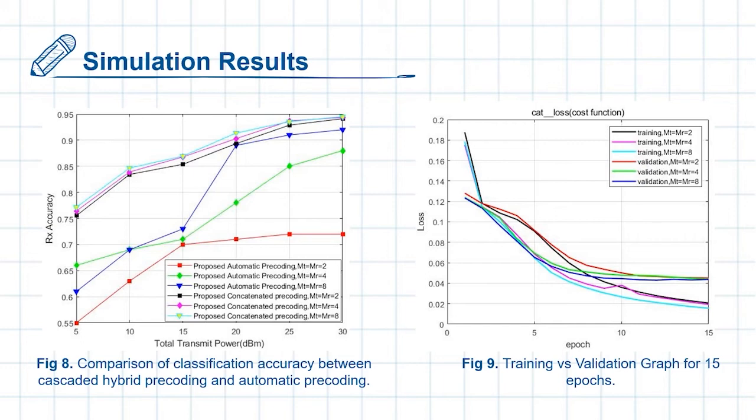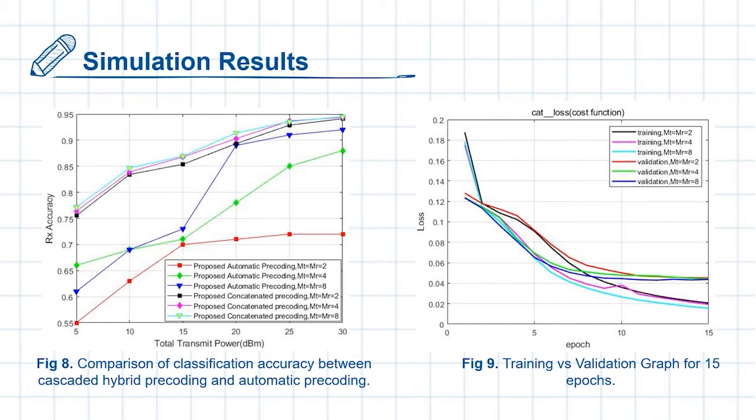Figure 9 shows the relationship between the size of the cascaded precoding loss function and the number of iterations. It can be seen that the loss function curve changes smoothly on the training set and the test set without excessive fluctuation or jaggedness, which indicates that the learning rate set is reasonable and it is close to the constant value under a limited number of iterations.